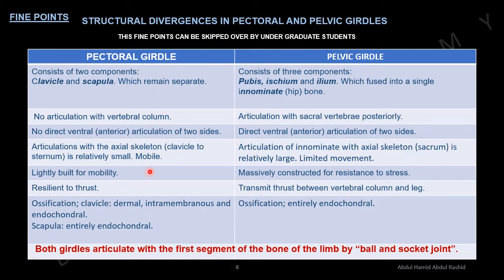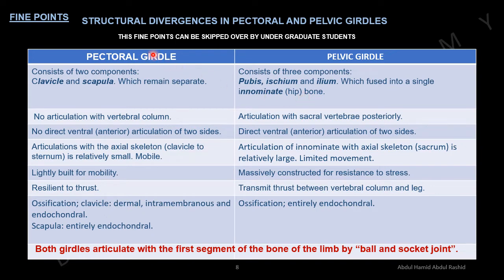We have two columns here, pectoral girdle and pelvic girdle. Pectoral girdle consists of two components, clavicle and scapula, which remain separate. Pelvic girdle consists of three components, pubis, ischium and ilium, which fuse into a single bone called innominate bone or hip bone.